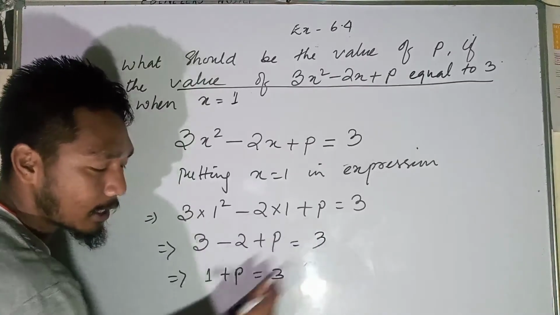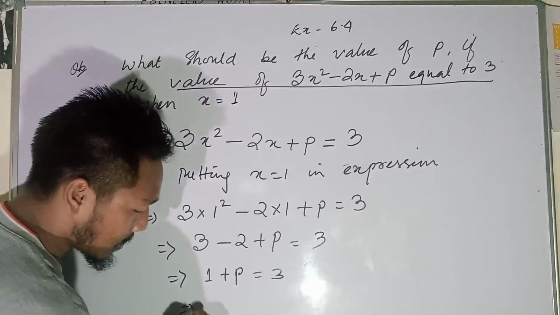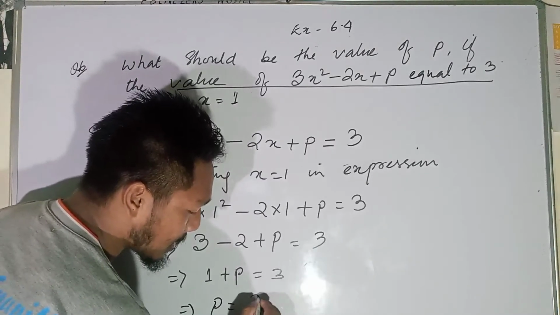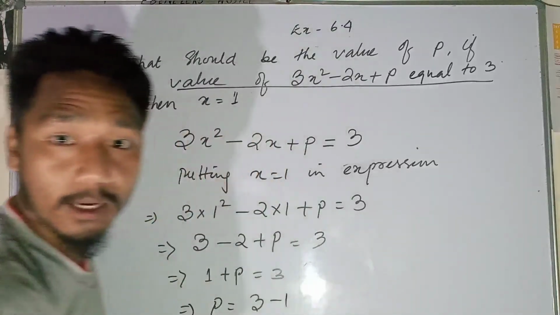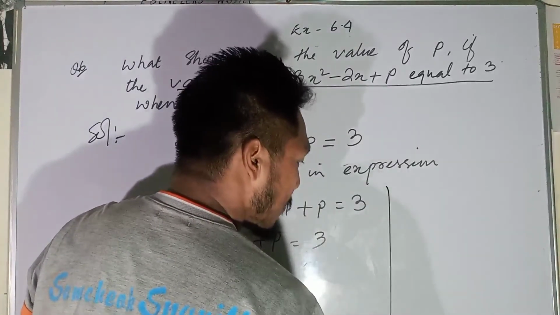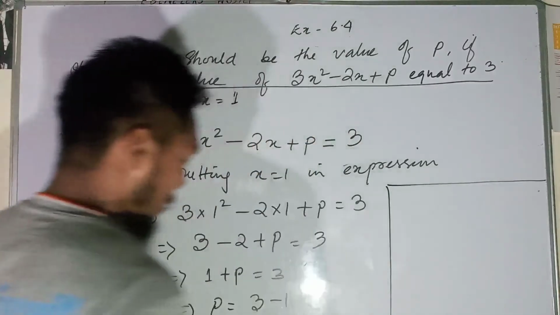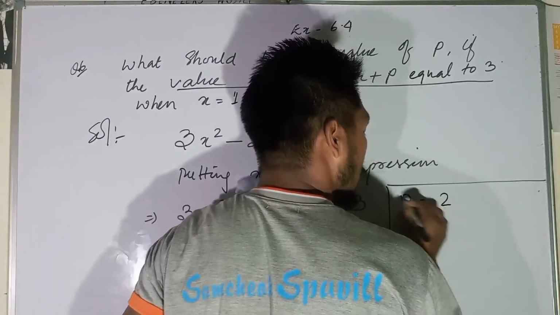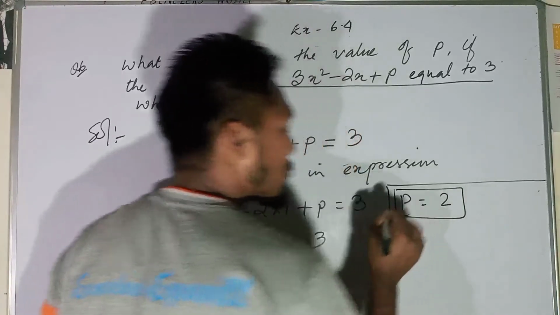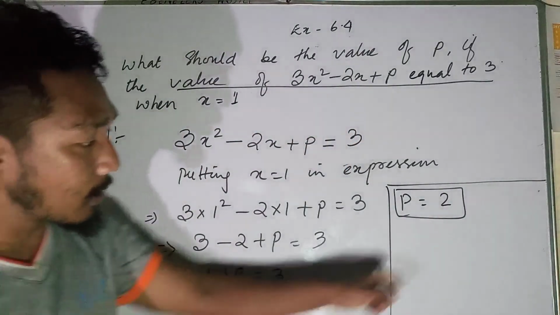Now 1 you send to this side. Plus becomes minus when sent to this side, which implies p is equal to 3 minus 1, which is 2. So what is the value of p? Our value of p is 2.